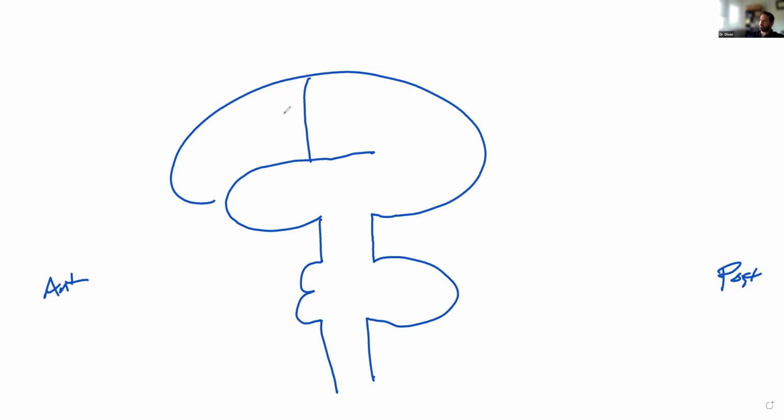So we have our frontal lobe over here. So frontal lobe, we have our parietal lobe, we have our occipital lobe, we have our temporal lobe. Here is our midbrain. This is our cerebellum. Okay.